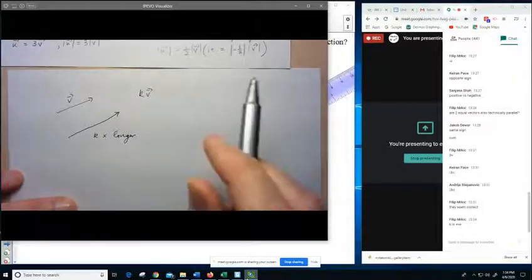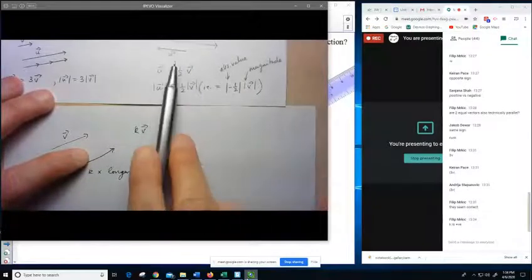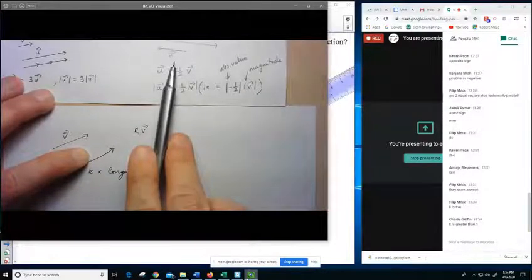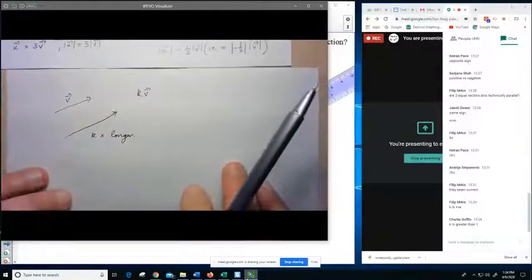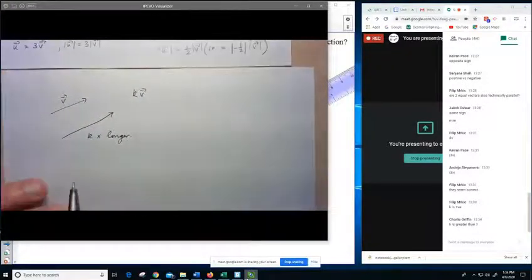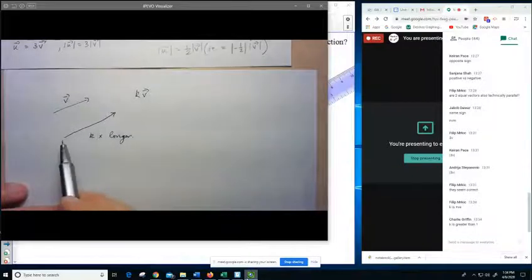But remember what we saw in this example here. This positive portion still represents the effect on the magnitude of the vector. So if I want to represent the change in the magnitude, what could I add to what I wrote?